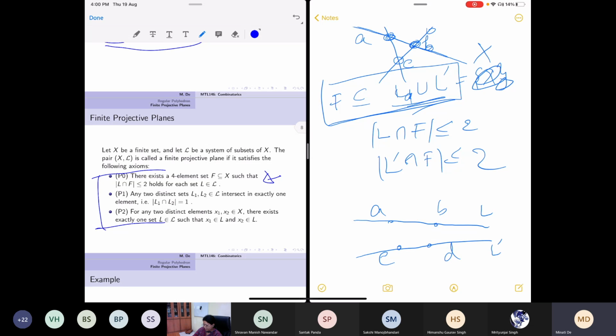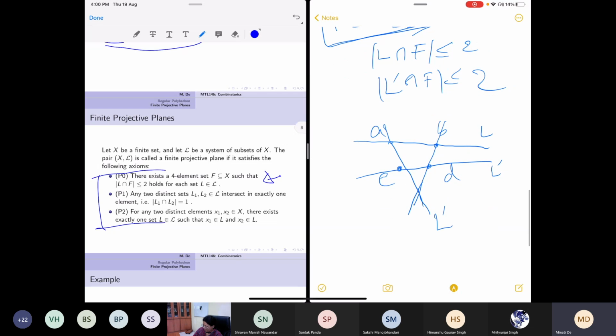Now consider this line as L1 and another line as L2. L1 is passing through AC, and another line, L2, you can always draw by joining the points B and D. These two lines will intersect in one point.